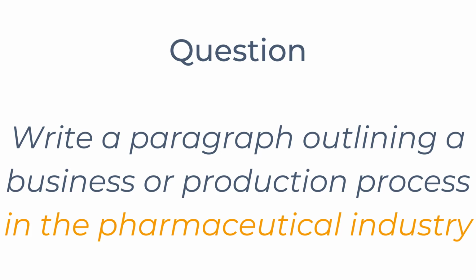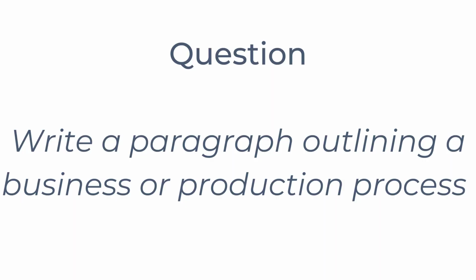For example, I think it's unlikely that you would get a question like this: Write a paragraph outlining a business or production process in the pharmaceutical industry. I think it's much more likely that the question will be worded like this: Write a paragraph outlining a business or a production process.